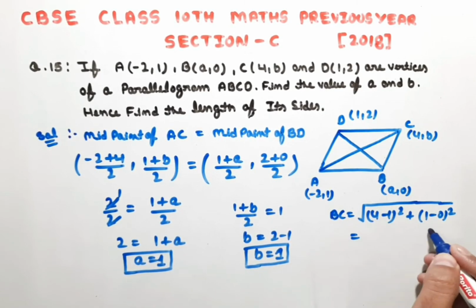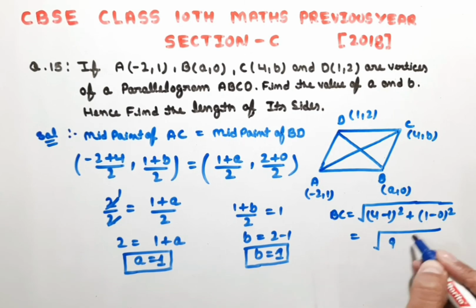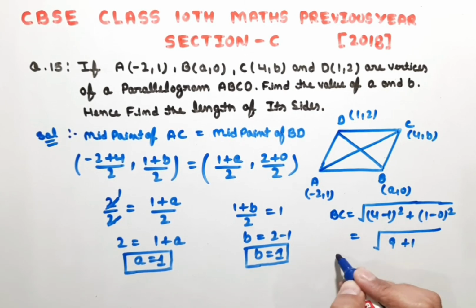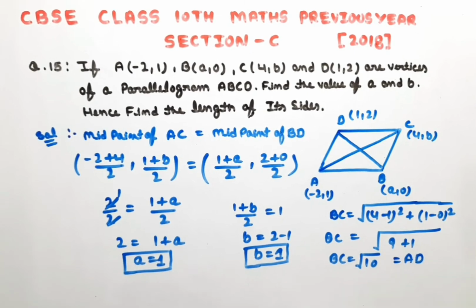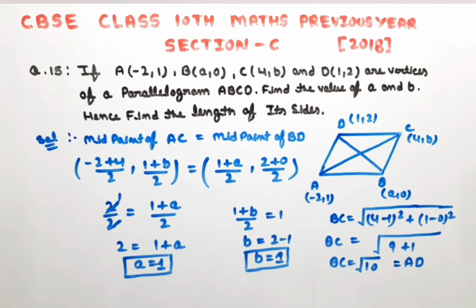So 4 minus 1 is 3, 3 square equals 9, and 1 square equals 1. So from here BC will be equal to under root 10. Since ABCD is a parallelogram, BC will be equal to AD. These are the sides of the parallelogram.